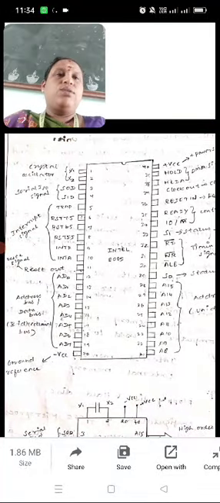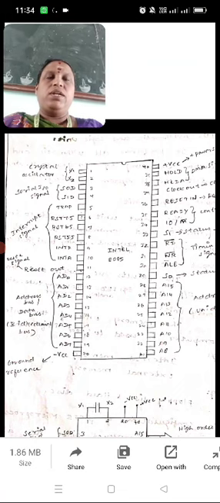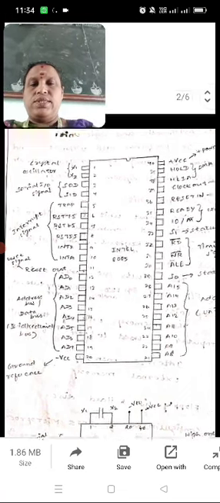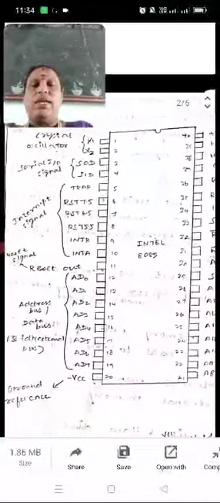The Intel 8085 contains 40 pins. There are X1, X2, SOD and SID.